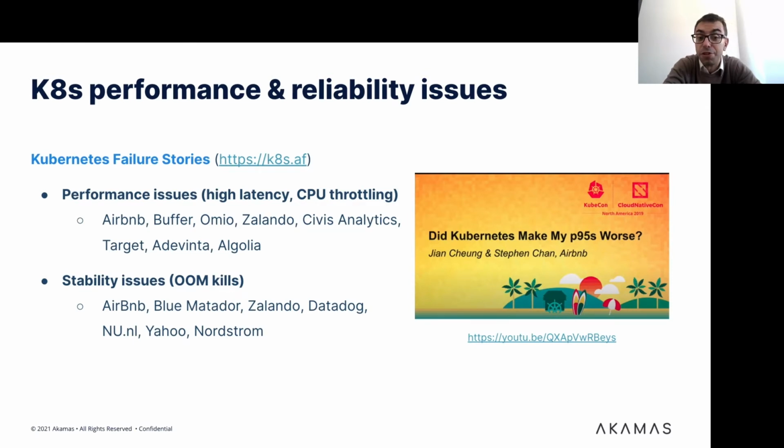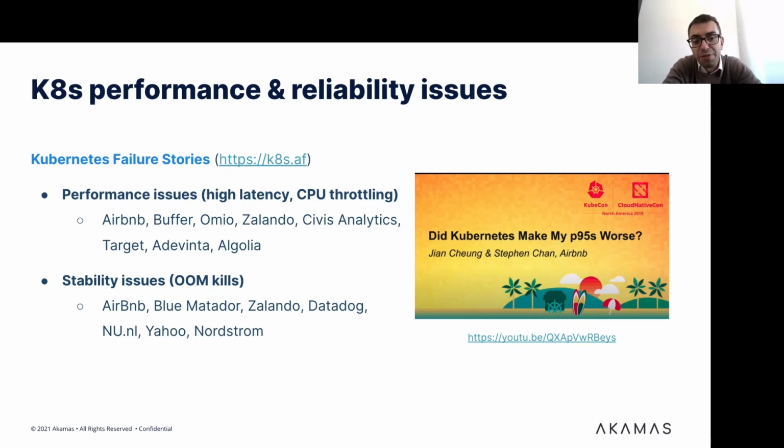Many of those stories describe teams that are struggling with Kubernetes application and stability issues, such as unexpected CPU slowdown and even sudden container terminations. Engineers at Airbnb even got to the point of suggesting that Kubernetes may actually hurt the performance of the latency-sensitive applications. But why is it so difficult to manage application performance, stability, and efficiency on Kubernetes?